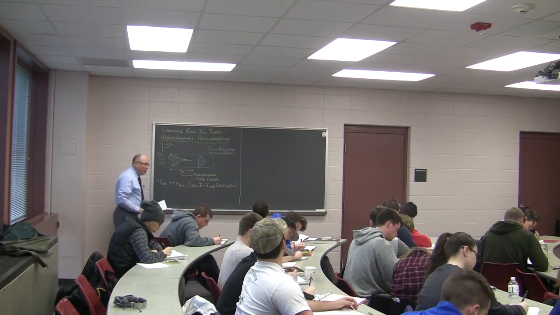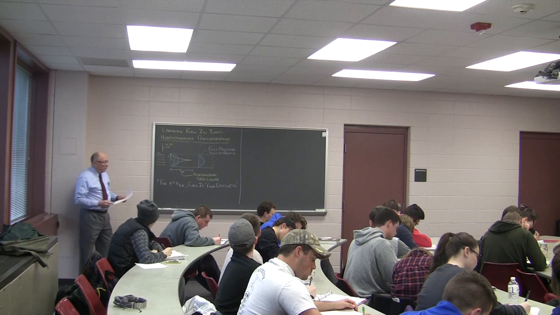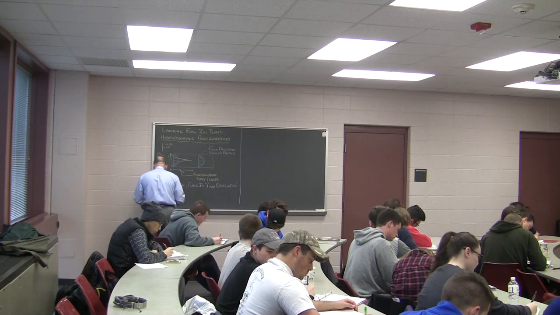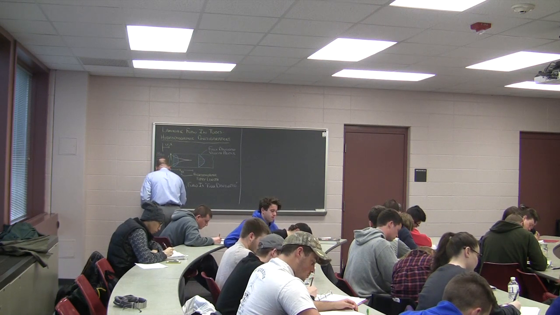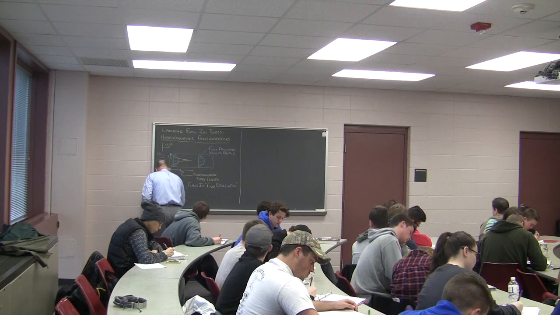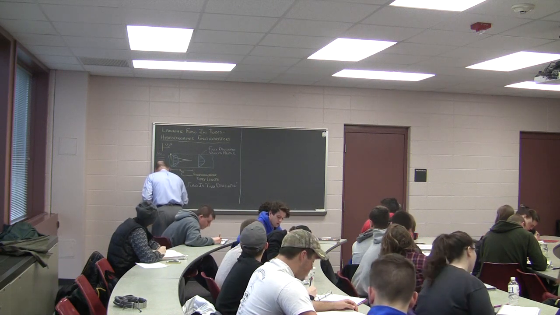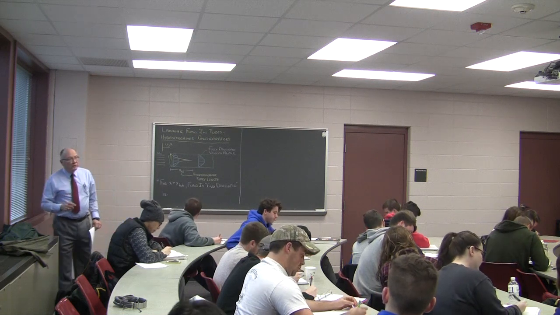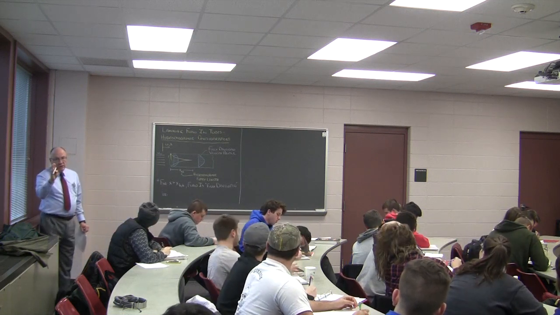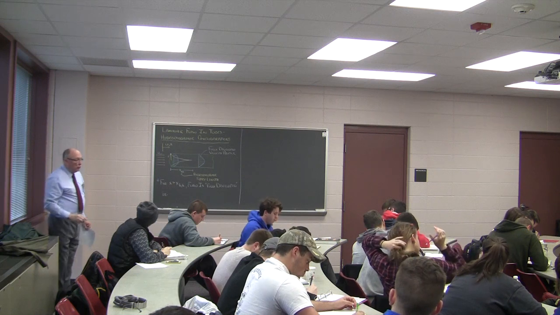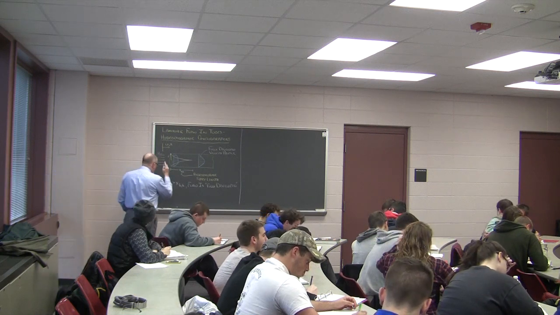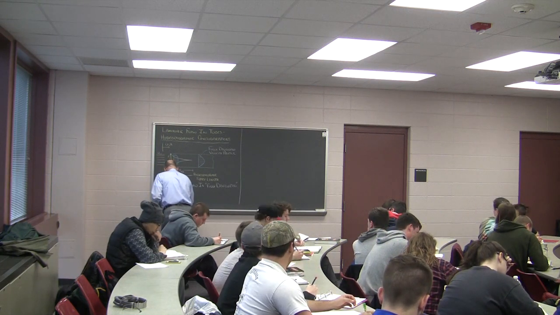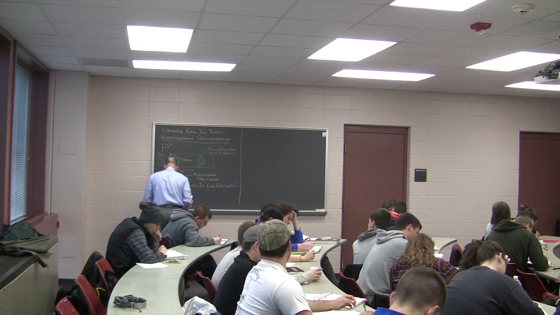And when the flow is fully developed, there are some assumptions that we can make. First of all, when the flow is fully developed, all of the flow is in the x direction. Okay? So there's no flow in the r direction, and therefore v is equal to 0.